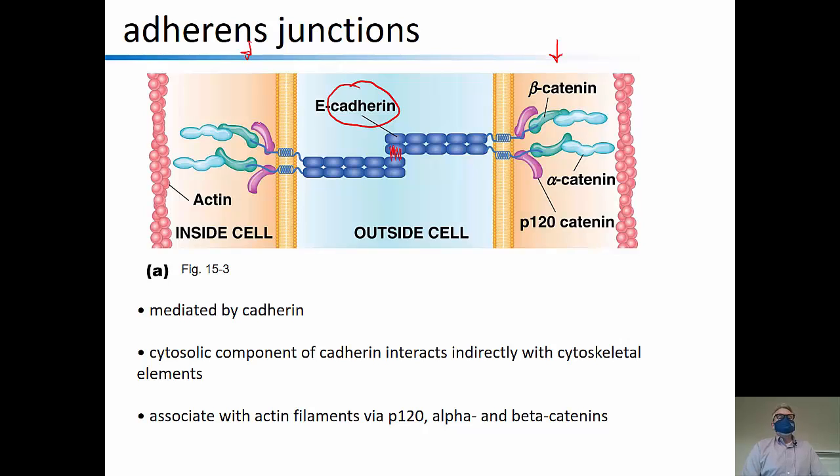And within the cytosol, it interacts indirectly, in this case for an adherens junction, with actin. Okay? And so we can see there's a number of sort of adapter molecules, and then it's interacting with the actin microfilaments. Importantly, these catenins are signaling molecules.